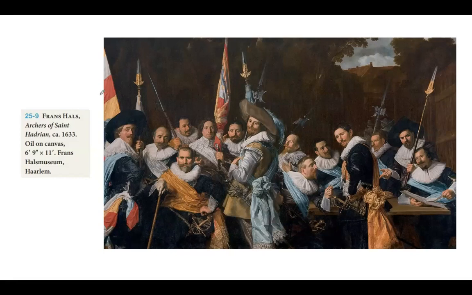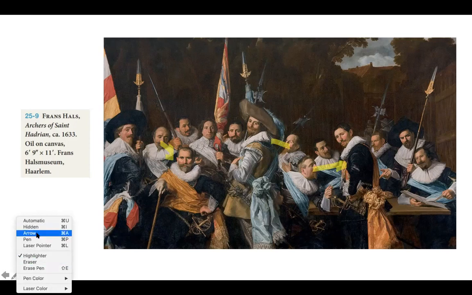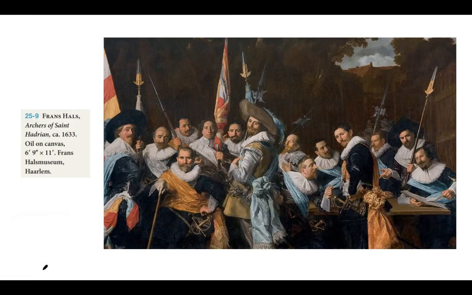So when you look across this painting, there's all these little interactions. This guy's looking at us, but this guy's looking over here at this guy, and this guy's cocking his head a little. And this guy's looking over here at these guys. This guy's looking over here. So there's all these little bits of information going on.